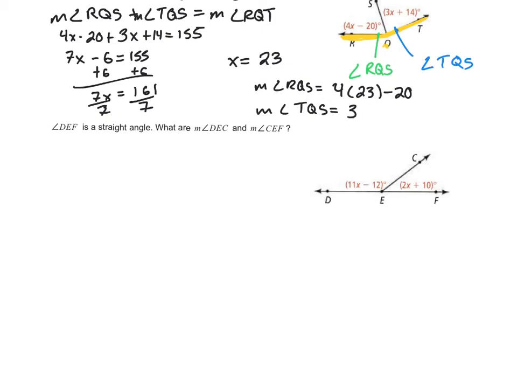We have 3 times x plus 14, all right? So 4 times 23 minus 20 is 72 degrees. And then 3 times 23 plus 14 is equal to 83. And then 72 plus 83 gives us 155. And that was the measurement of angle RQT. So I know that my math is complete. We were correct. All right?